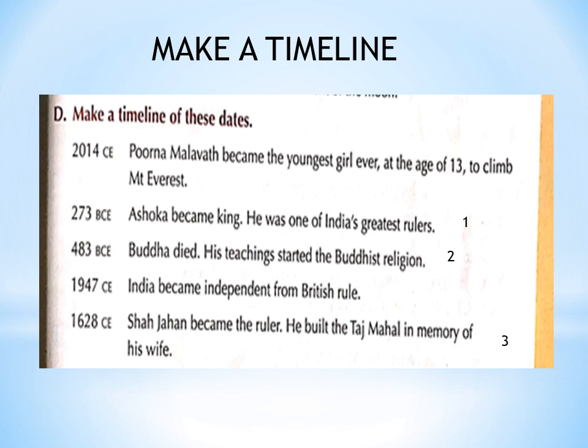This is number 4. And the last one is 2014 CE. Purna Malavath became the youngest girl ever, at the age of 13, to climb Mount Everest. This is number 5. So in this way you can make the timeline in proper order, or you can only put the numbers like I have done.